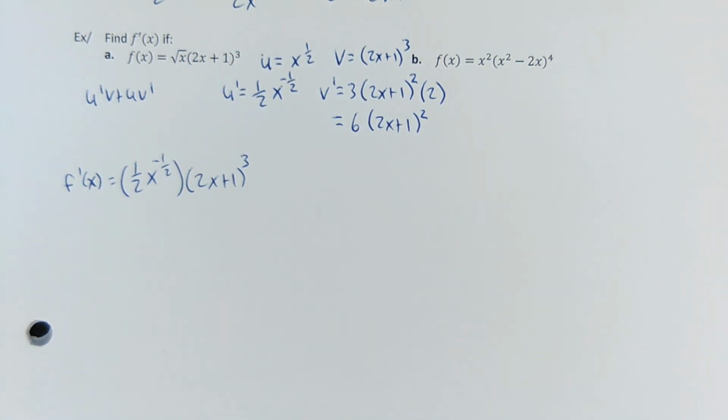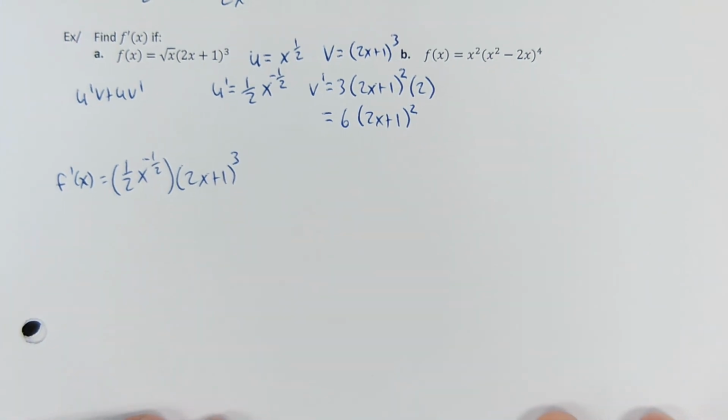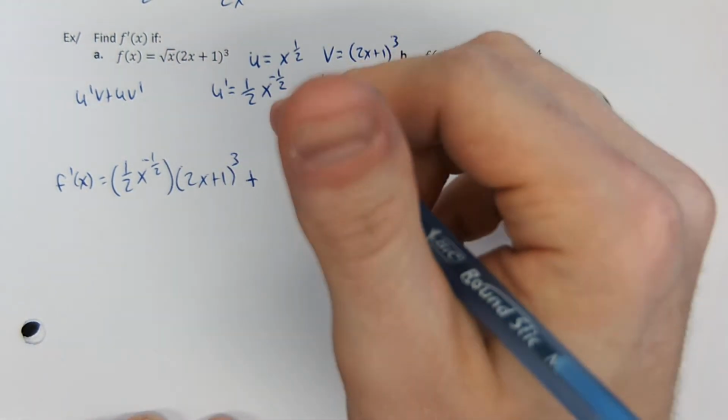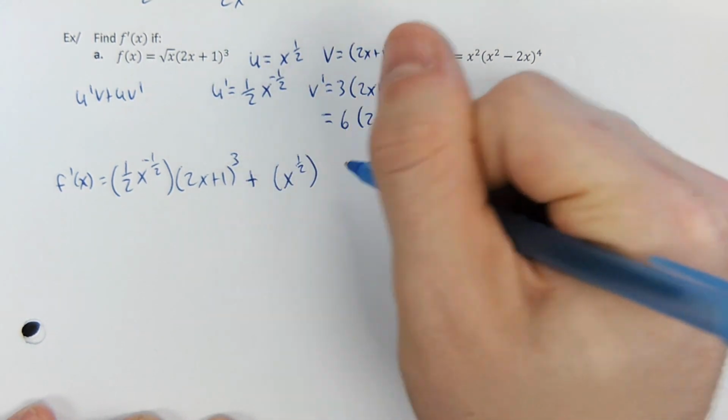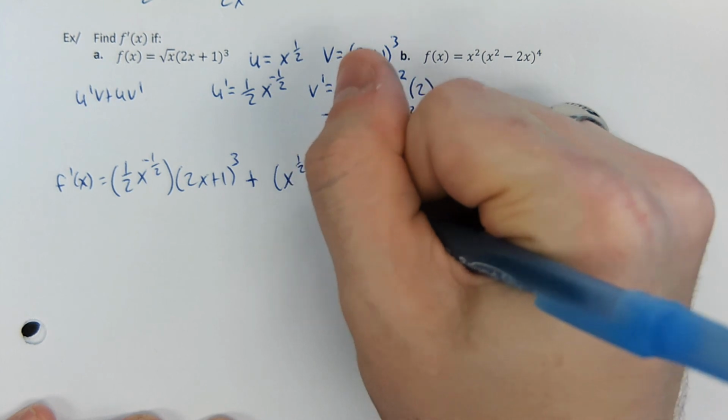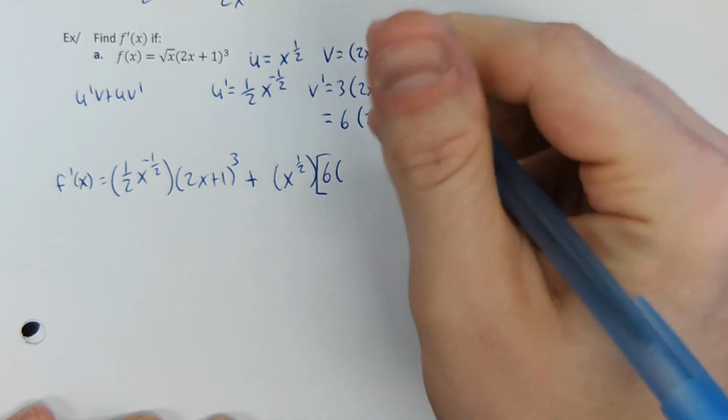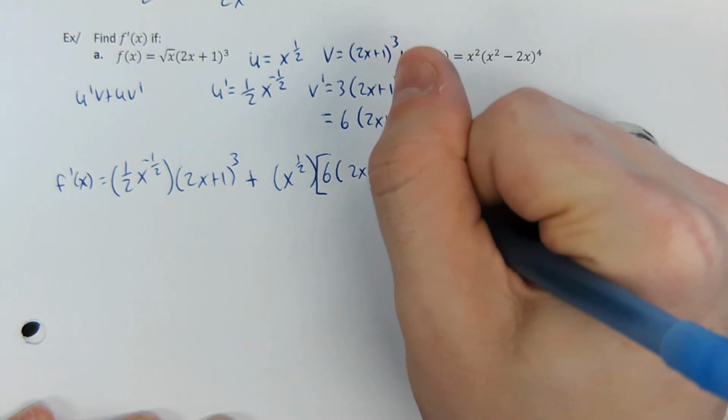There's u prime v plus u v prime. And the only thing I'm going to do to clean this up is put the 6 in front of that x to the 1/2. That's all I'm going to do.